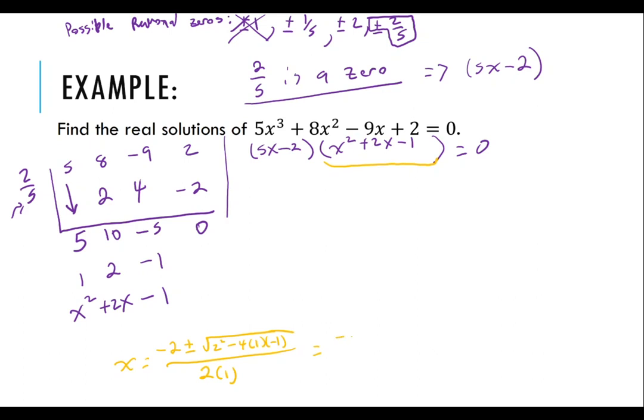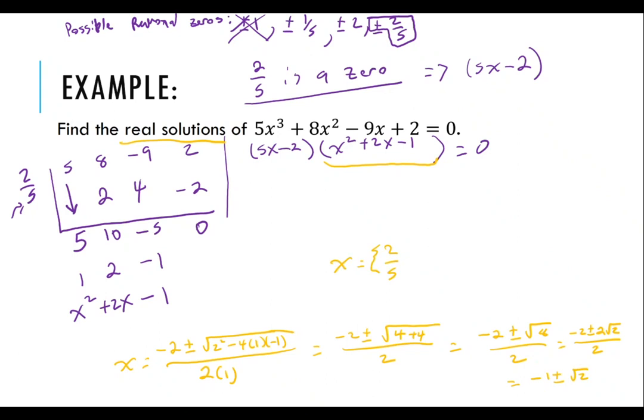This then gives me -2 plus or minus the square root of 4 plus 4, divided by 2. That's going to give me -2 plus or minus root 8 divided by 2, which is really -2 plus or minus 2 root 2 all over 2. That will reduce to give us -1 plus or minus root 2.